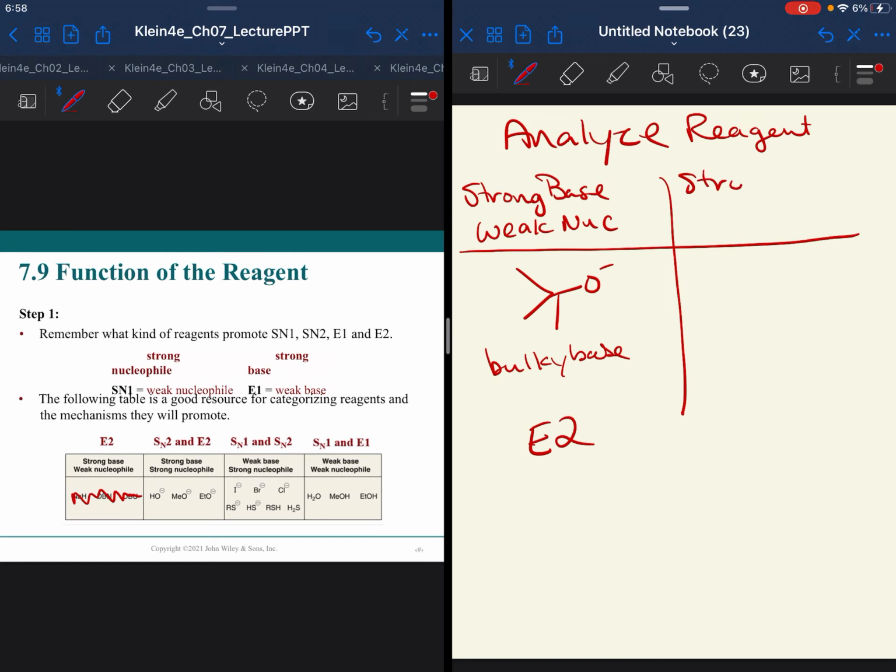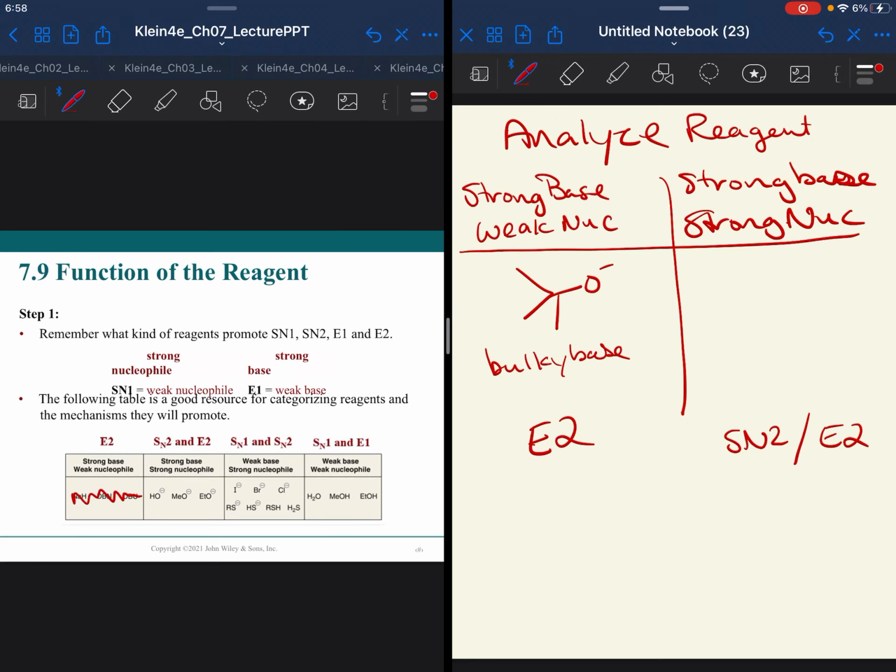Then you have the strong base and strong nucleophile category. They're strong, so they are going to go by a bimolecular mechanism. So it eliminates about half your mechanism possibilities. You'll have to use other clues to figure out between SN2 and E2. We'll talk about that in the next chart.